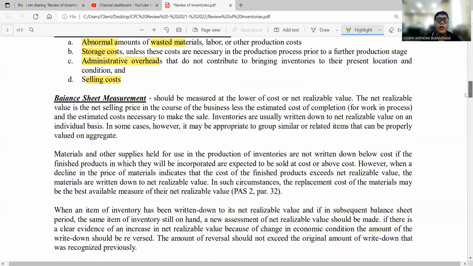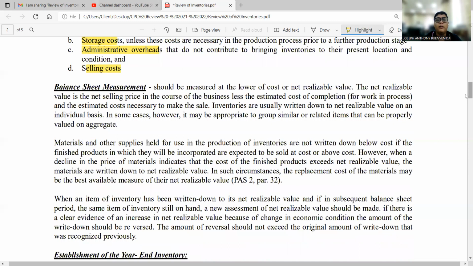So how do we measure the inventory? So balance sheet measurement. The inventory should be measured at the lower of cost or the net realizable value, or the LCNRV. Okay, lower of cost or net realizable value. What does that mean? So every year, at the end of the balance sheet date, we need to measure the net realizable value of that inventory.